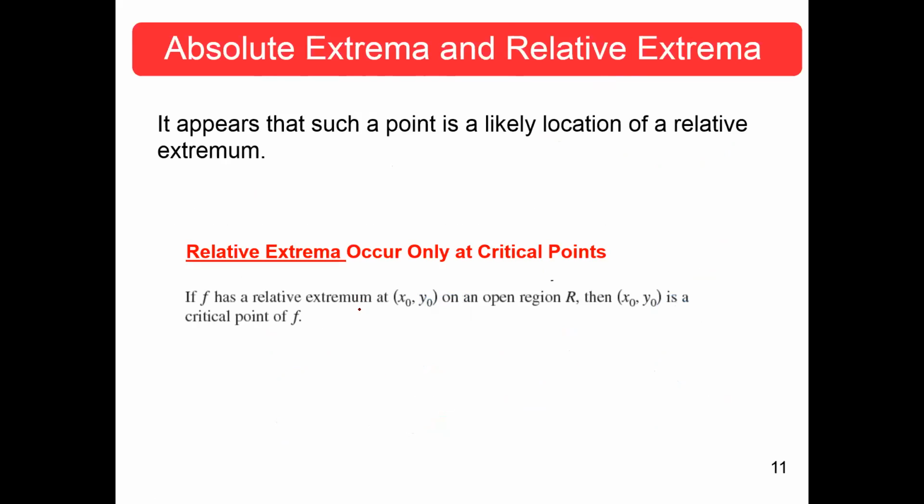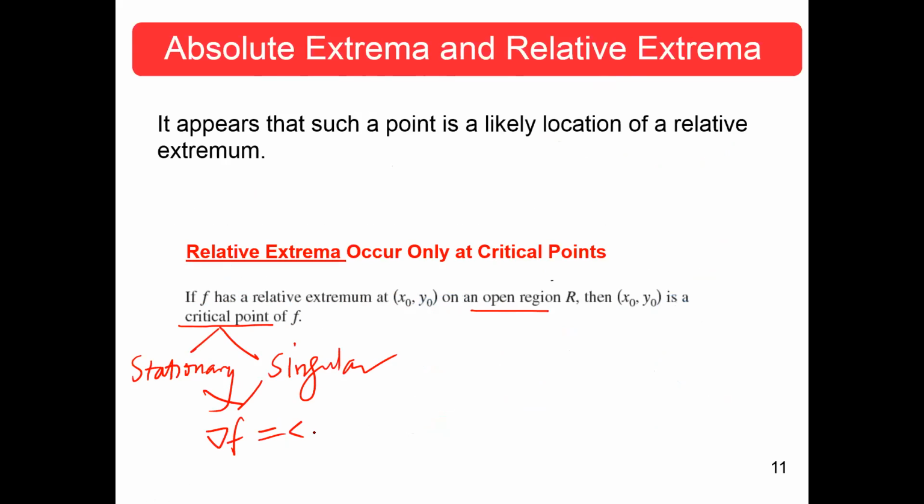Okay, so the next theorem just says relative extrema occur only at critical points. If function f has a relative extremum at a point on any open region R, then the point has to be a critical point, which means it has to be either stationary or singular, both of which are related to the gradient of function f, so partial x and partial y.